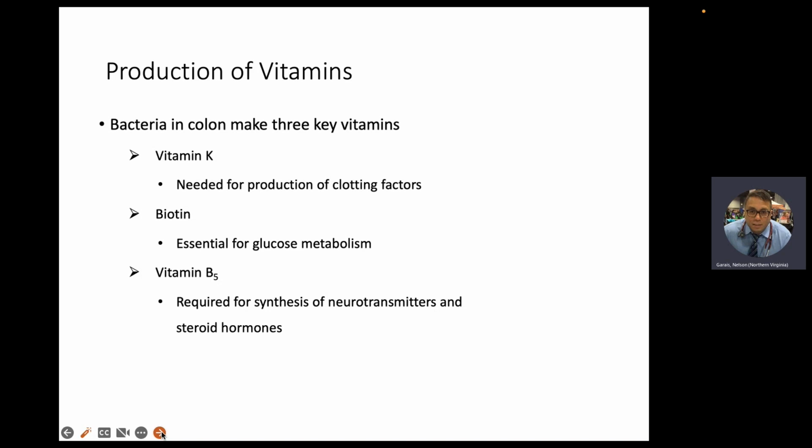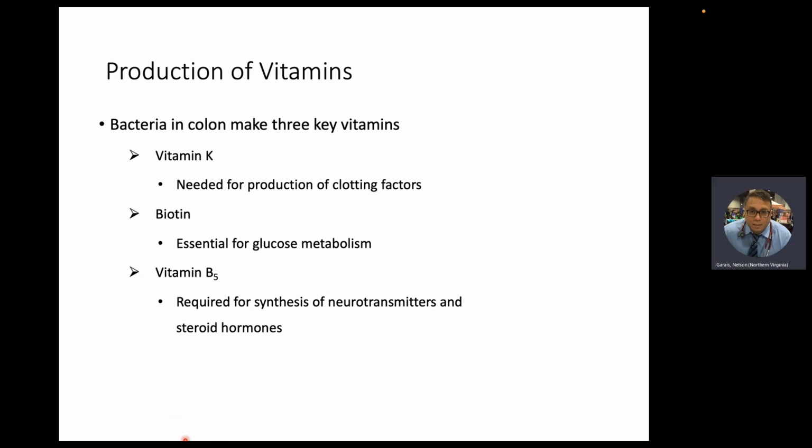The bacteria in the colon, E. coli, makes these vitamins, and they're important. So vitamin K, important for clotting factors. Biotin, because they're important for recycling and breaking down glucose, which you now know is crazy important, especially in the liver. And vitamin B5, which deals with neurotransmitters and steroid hormones.